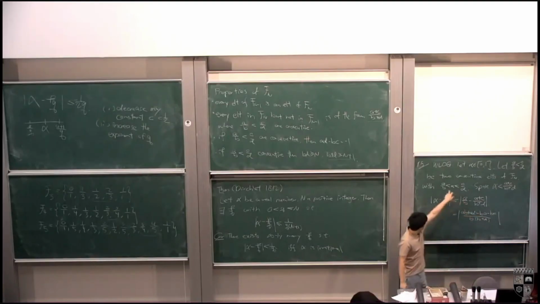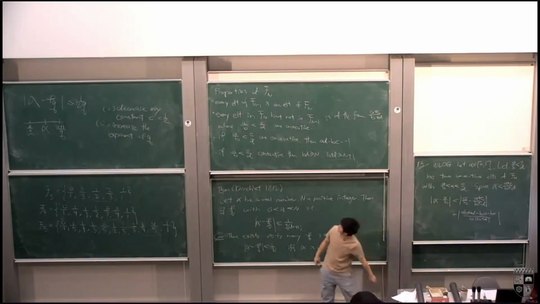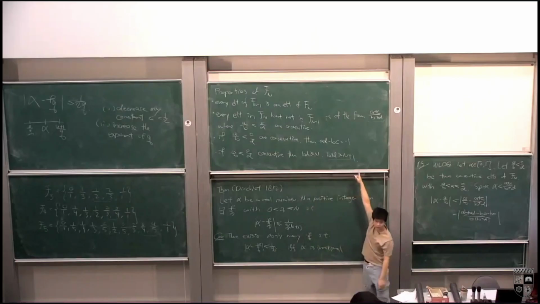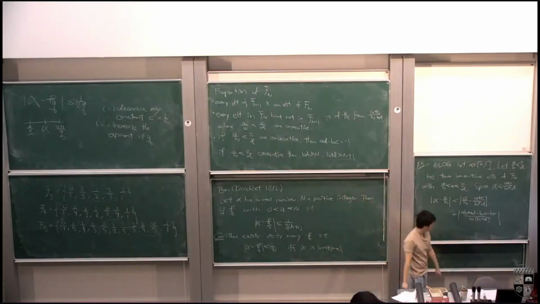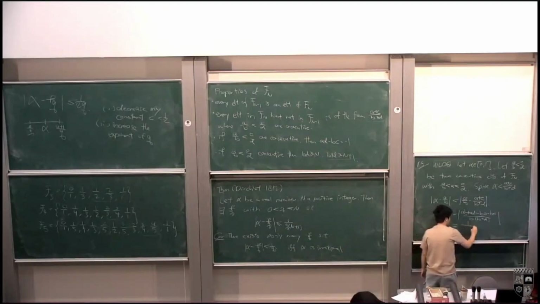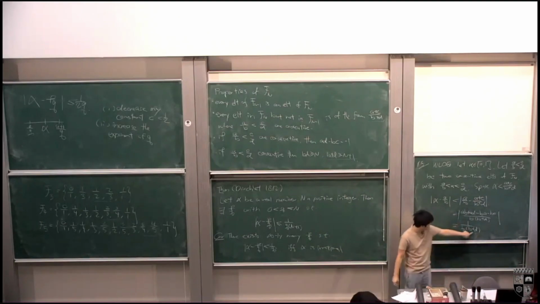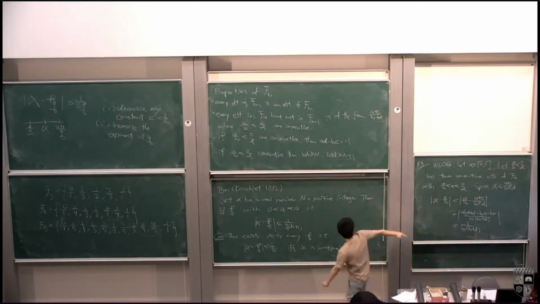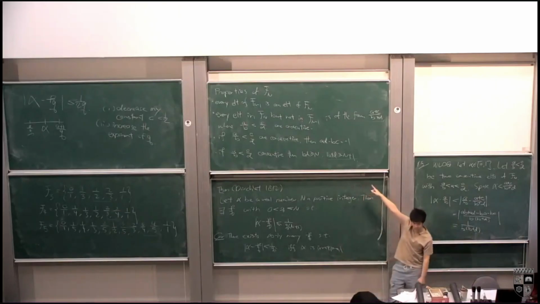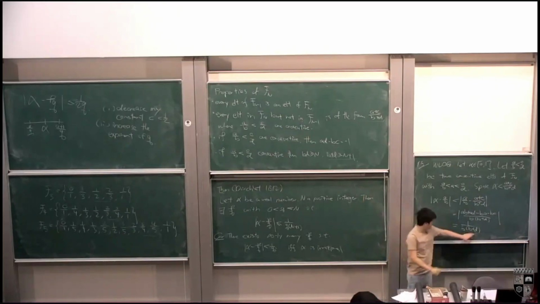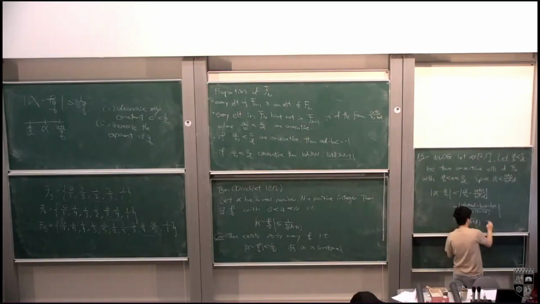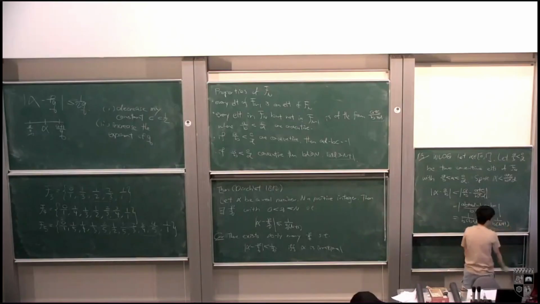And since A over B and C over D are consecutive, AD minus BC is precisely minus 1. So this thing is actually just 1 over B, B plus D, right? And then the B plus D comes into play because they're consecutive. So B plus D is always greater than or equal to n plus 1. So this guy, in other words, is always lesser than or equal to 1 over B, n plus 1. And we're done.